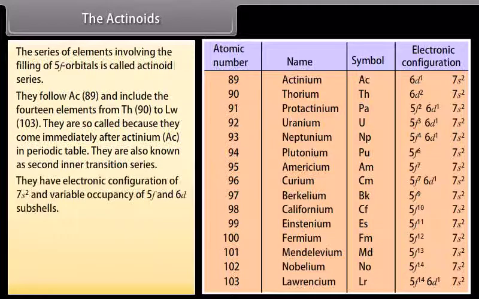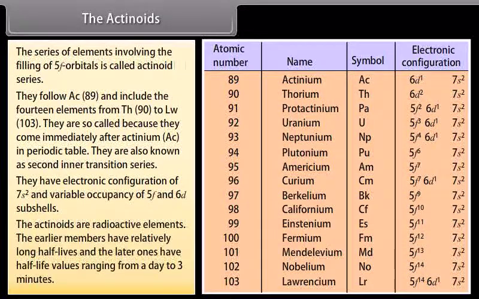They have electronic configuration of 7s2 and variable occupancy of 5f and 6d subshells. The actinoids are radioactive elements. The earlier members have relatively long half-lives and the latter ones have half-life values ranging from 1 day to 3 minutes.